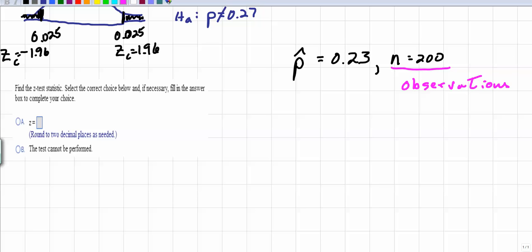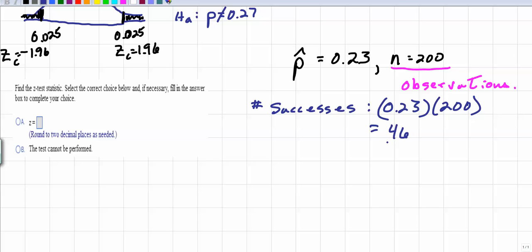In order to figure out what the number of successes are, we're going to multiply the 0.23 P hat times N 200, and that will be equal to 46. And that's what we're going to put in for number of successes.